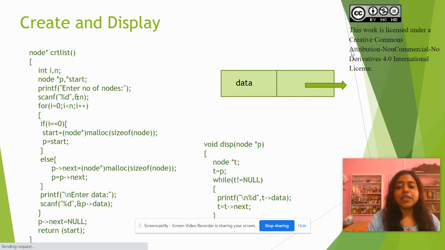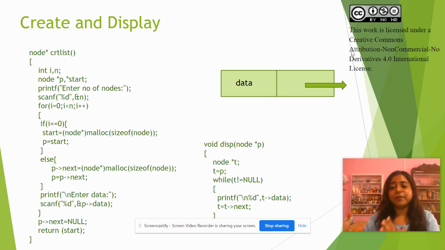If the list is being created for the first time, the starting node will be created, which is denoted by start. Or if there are one or more nodes in the list, then the new node will be created and appended as the next node of the last node of the previous list. So p next denotes that node, and then p becomes p next.